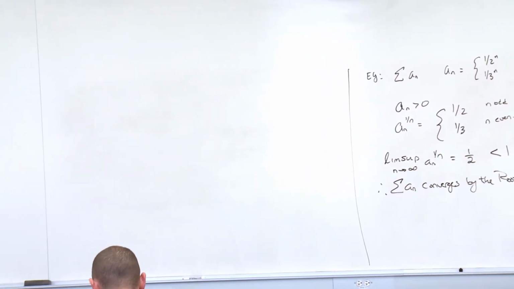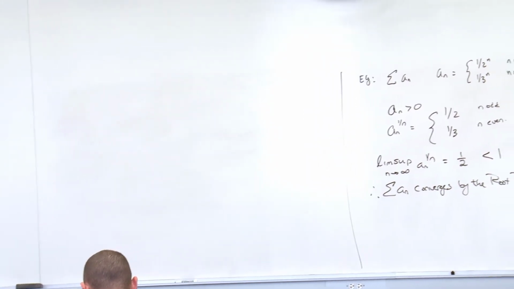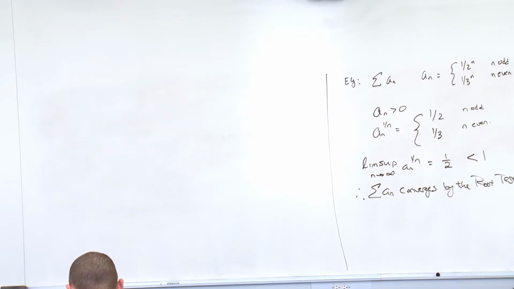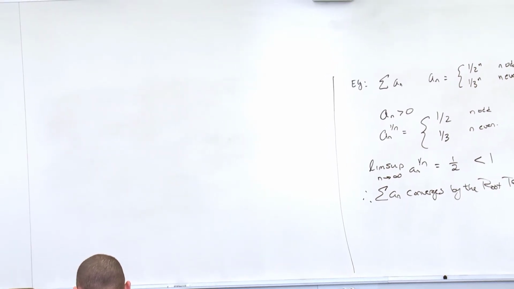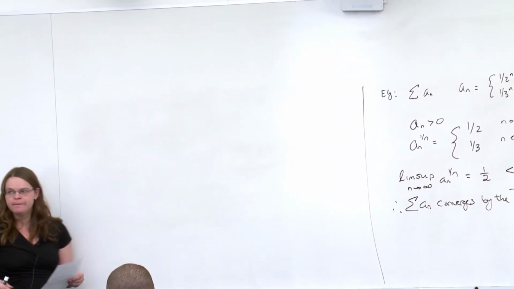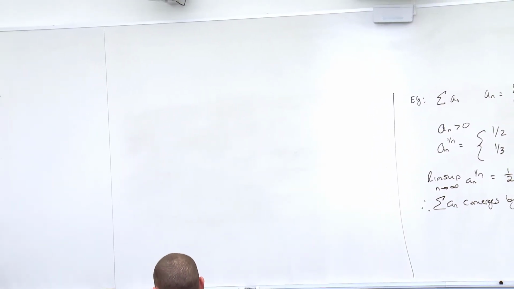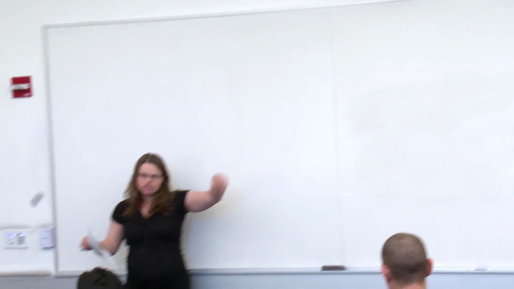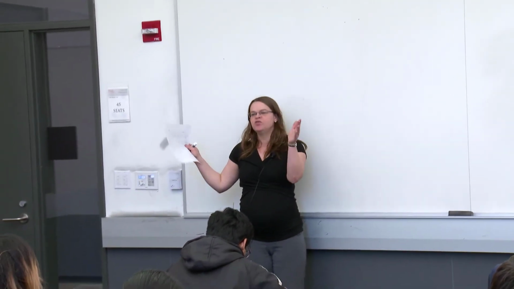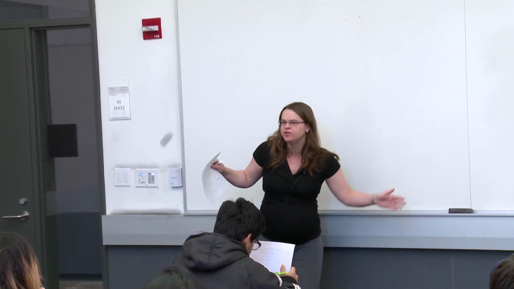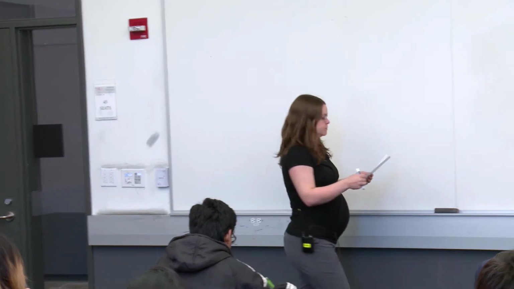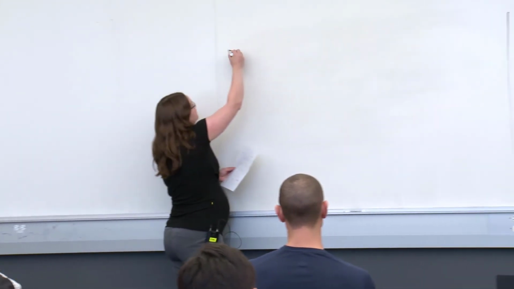OK, these were all series where we assume the terms are positive. Of course, the series won't always have positive terms. So there's a couple things you can do. One thing that we did with integrals is we said sometimes this thing maybe changes sign, but maybe if we just take the absolute value, it still converges absolutely, and that'd be good enough. So we can certainly do that here.